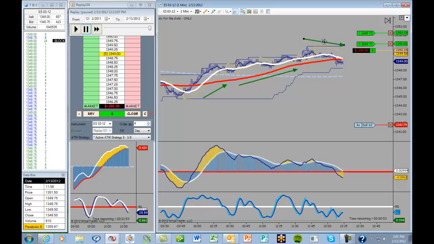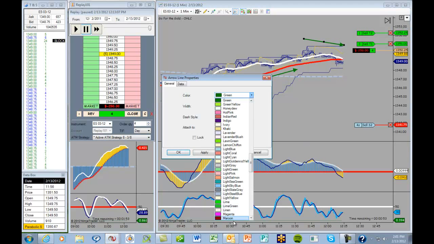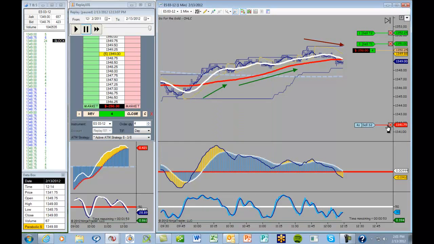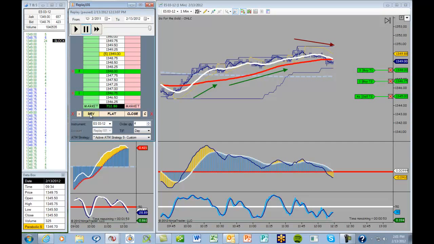This is a not winning trade. Okay, so now what we do is we come over here and we hit the reverse button. And we start up again.